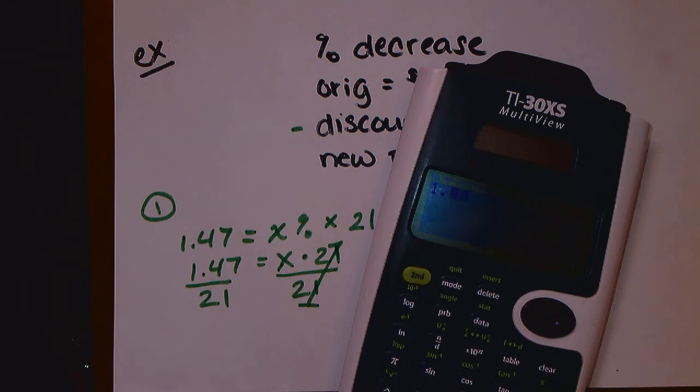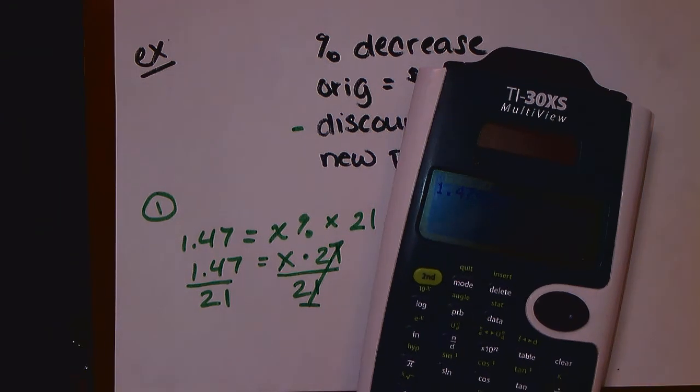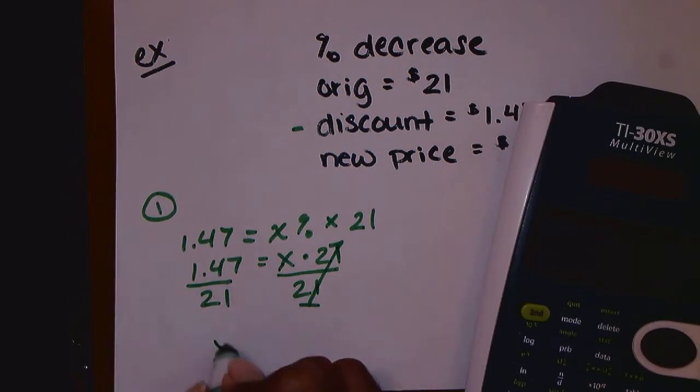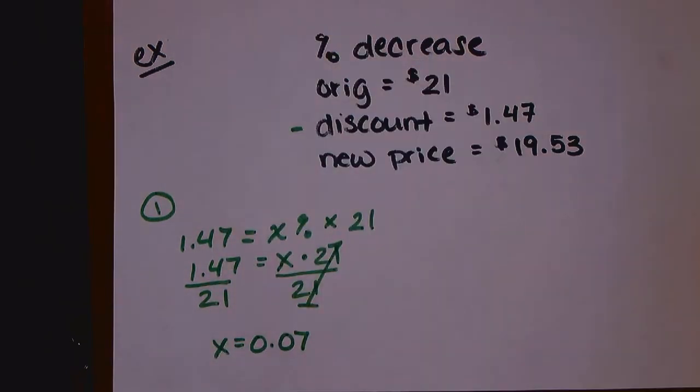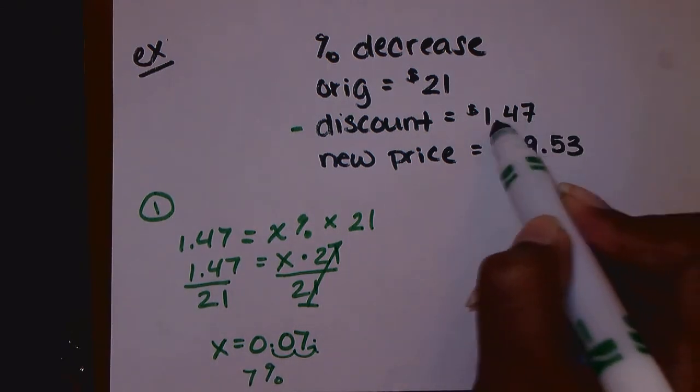And $1.47 divided by 21 will give us 0.07. So X is equal to 0.07, which as a percent is, move it two spots to the right, 7%. So he got a 7% discount.